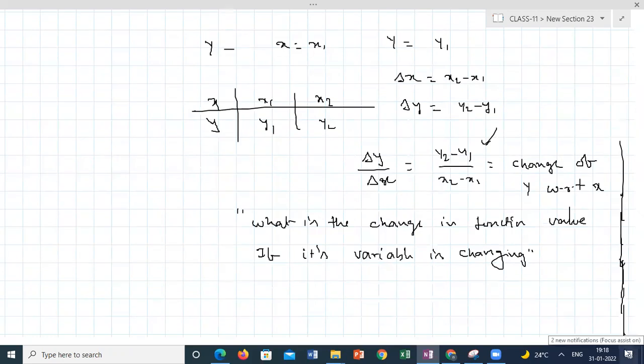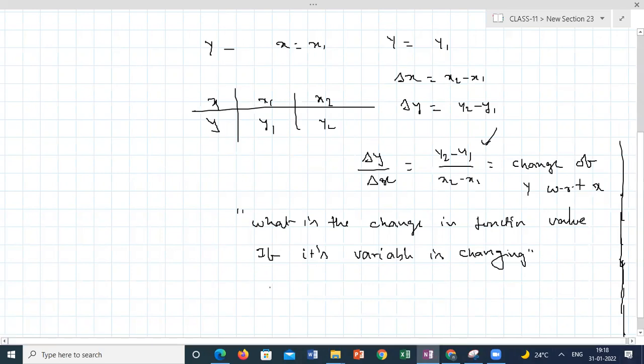But how to explain this variation at any situation, at any point, how the function is varying, whether that variation can be defined or not? That means if delta x is almost 0, the change is very small.